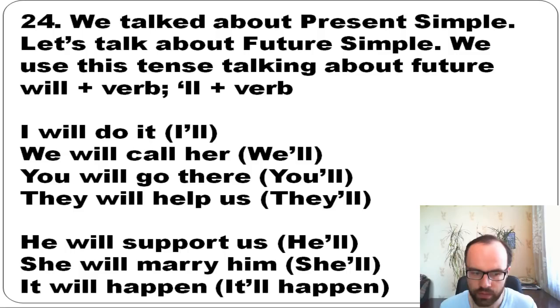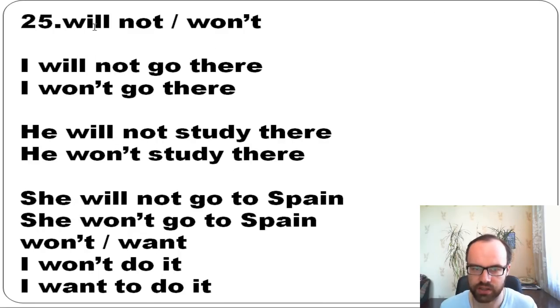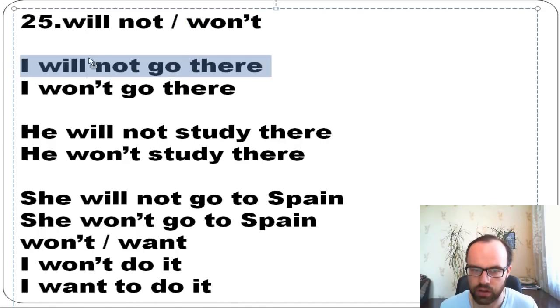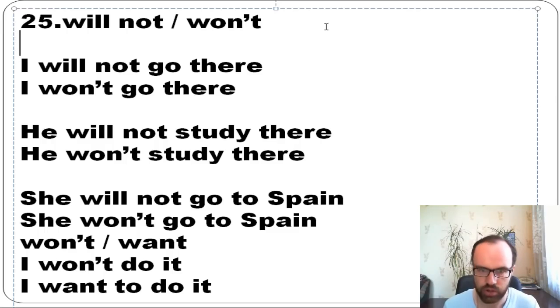How to form a negative sentence? So we say will not, it's a full form, or won't if you want to use a short form. For example, I will not go there. So you use it before a verb.